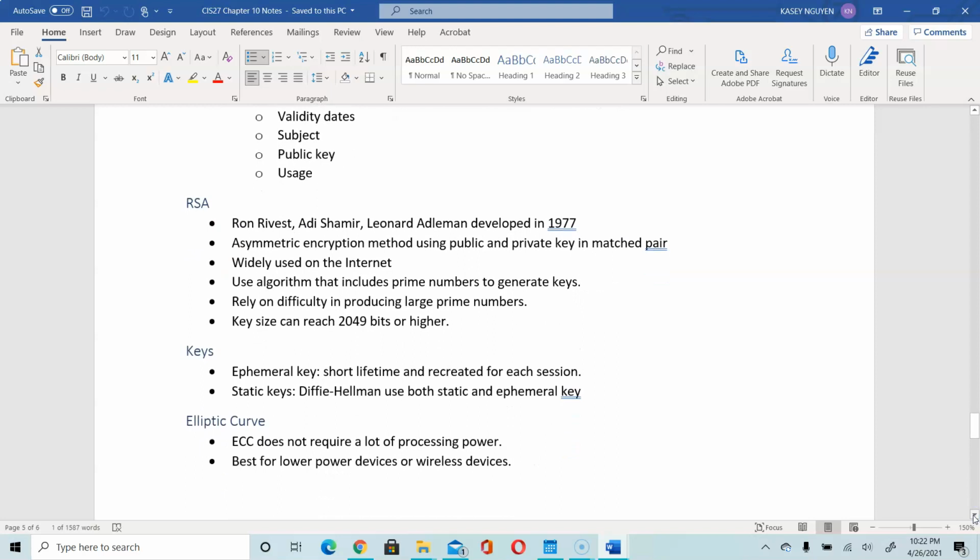RSA is named for Ron Rivest, Adi Shamir, and Leonard Adleman. It was developed in 1977. This is a very strong asymmetric encryption method. RSA is commonly used in a lot of different things today. It uses a public and private key in a matched pair.